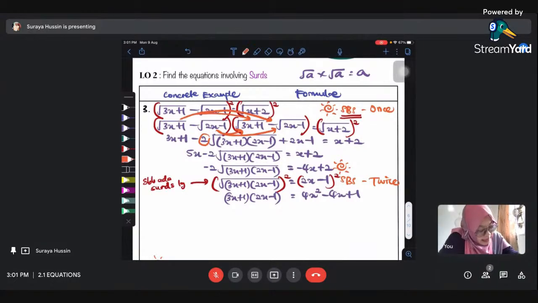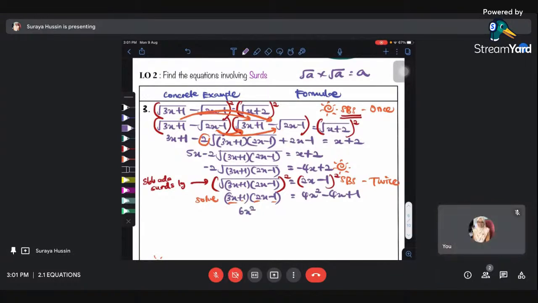And yang ini kita selesaikan lah. Solve it, solve it. You will get 6x squared minus x minus 1. On the right hand side, saya salin balik.